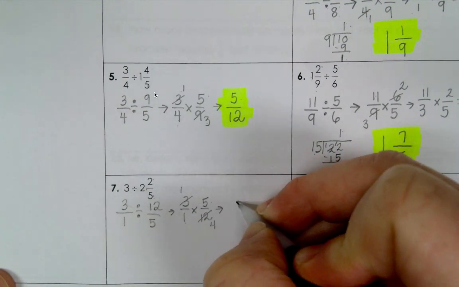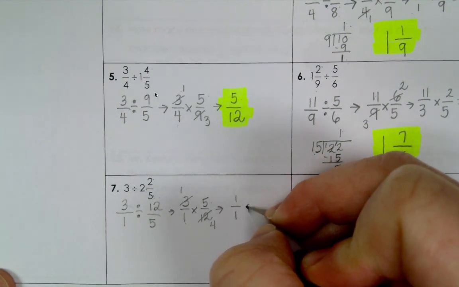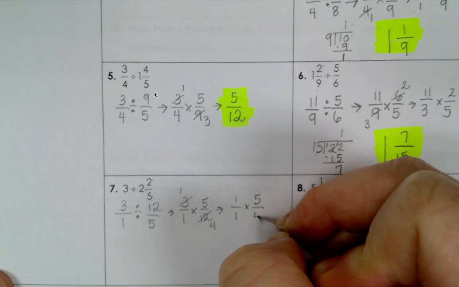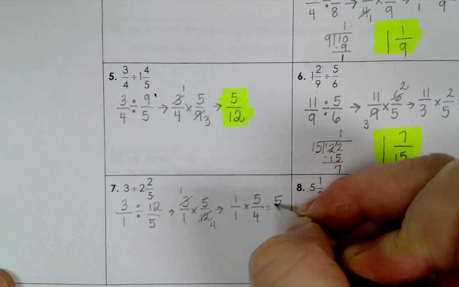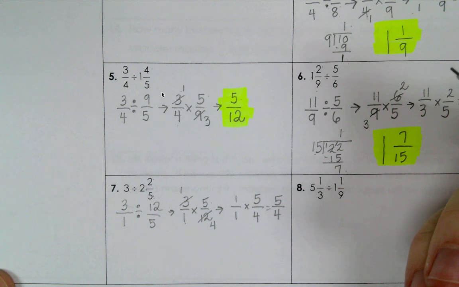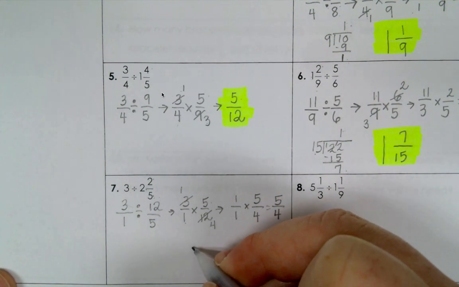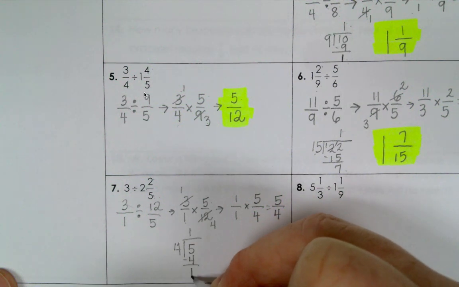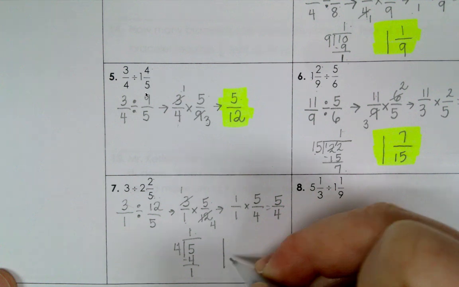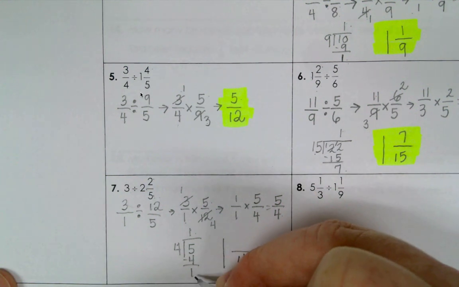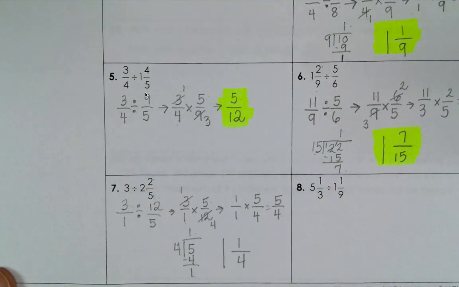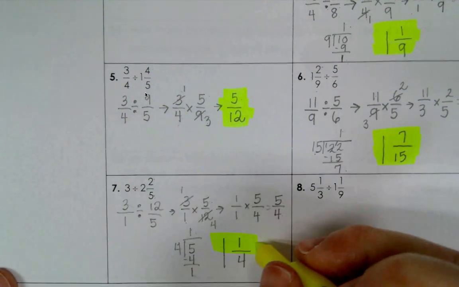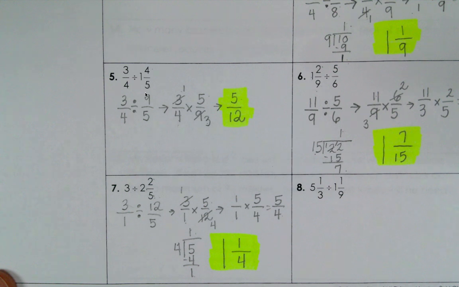Let's rewrite that: 1 over 1 times 5 over 4 gives me 5 over 4. But ew. So 5 divided by 4. 4 goes into 5 one time. Subtract. My quotient is my whole number. Denominator stays the same. Remainder is my new numerator. I know, it's a lot.